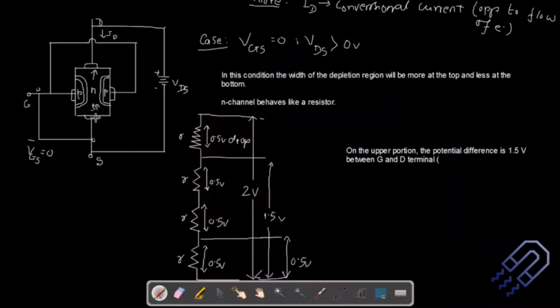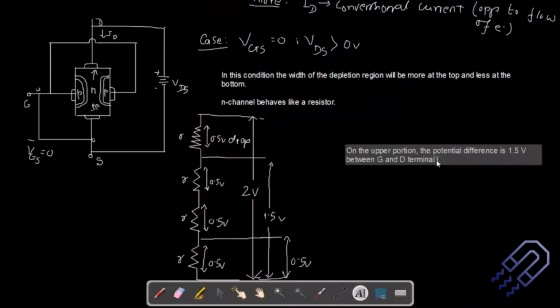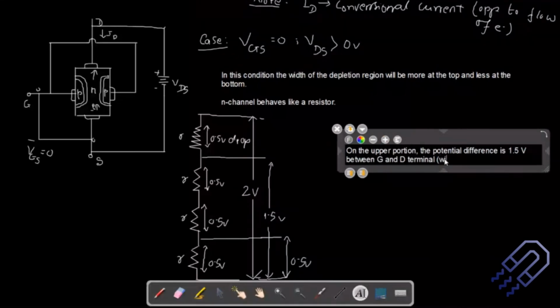Since the potential is less, the depletion region will be thinner. If the potential is more, the depletion region is going to be wider, so the width is more.